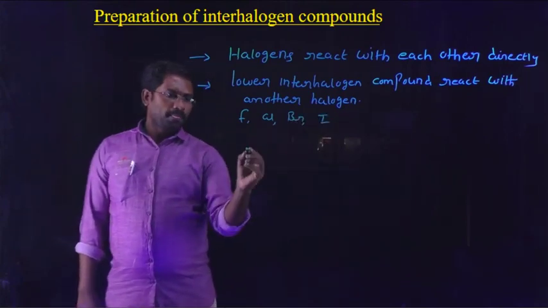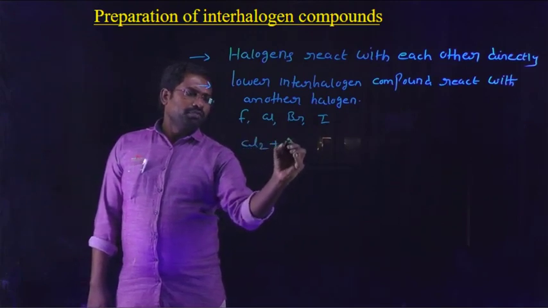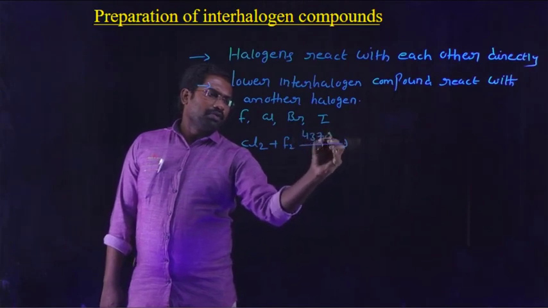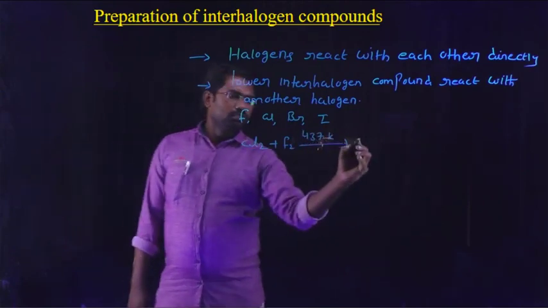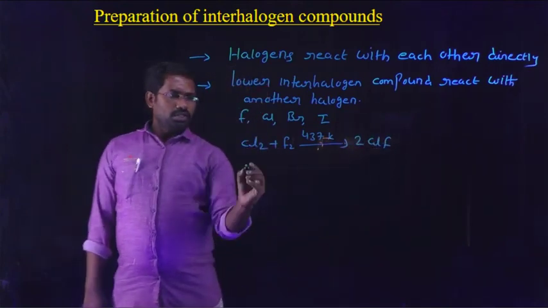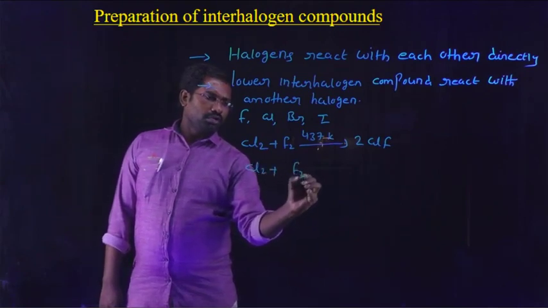So here, chlorine reacts with fluorine at 437 Kelvin temperature. Here it is able to form 2ClF. Here also, again chlorine reacts with fluorine.